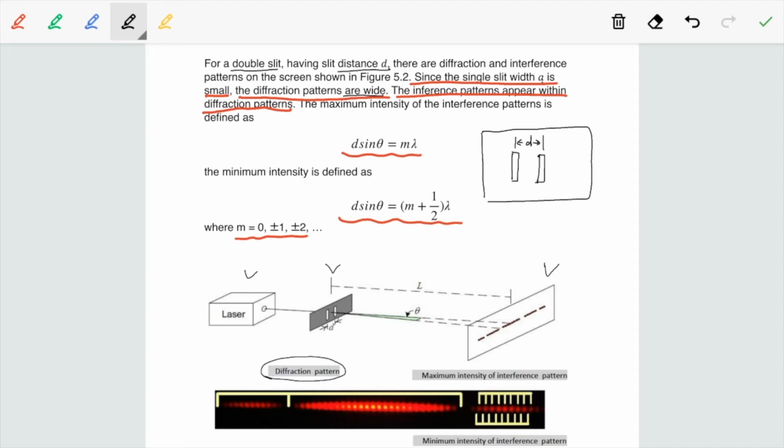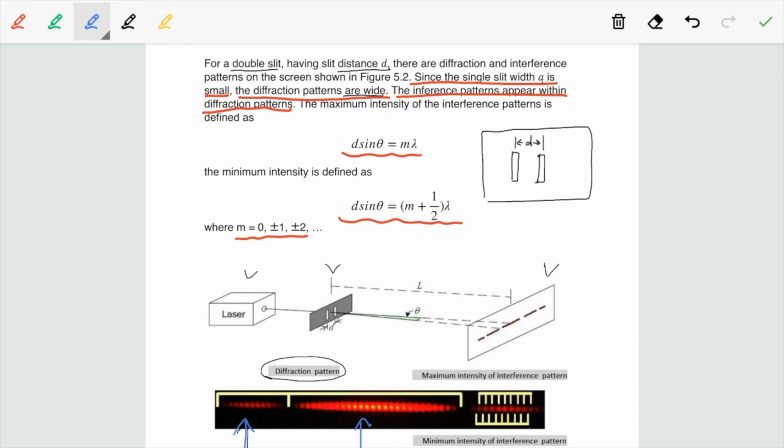Okay, then we can come to see here. This is the big one. The bigger one is the diffraction pattern. But inside these diffraction patterns, there are some small spots, bright spots, in several red circles, right? Then inside each diffraction pattern there are what we call interference patterns.